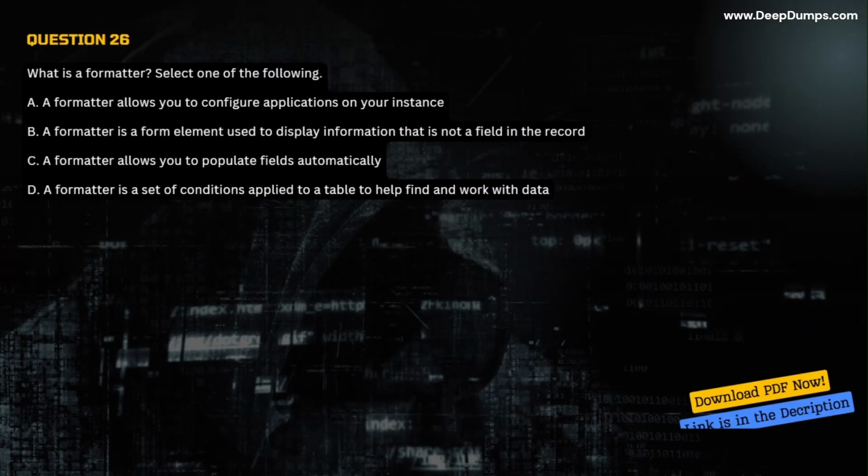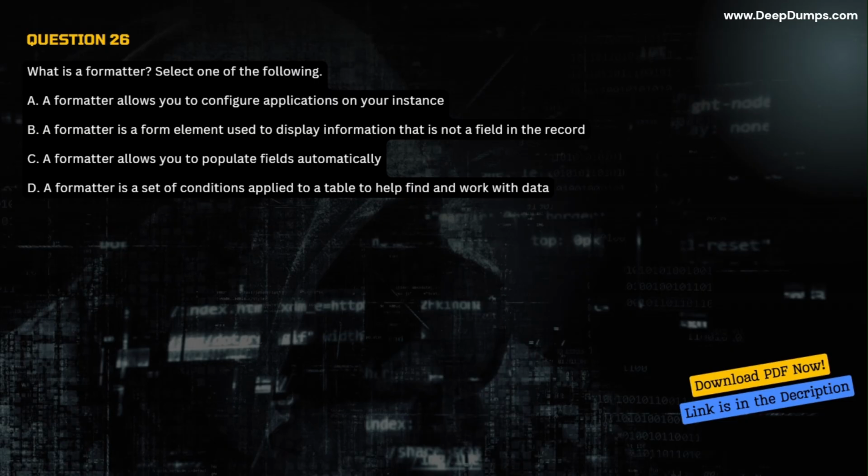Question 26. What is a formatter? Select one of the following. A. A formatter allows you to configure applications on your instance. B. A formatter is a form element used to display information that is not a field in the record. C. A formatter allows you to populate fields automatically.